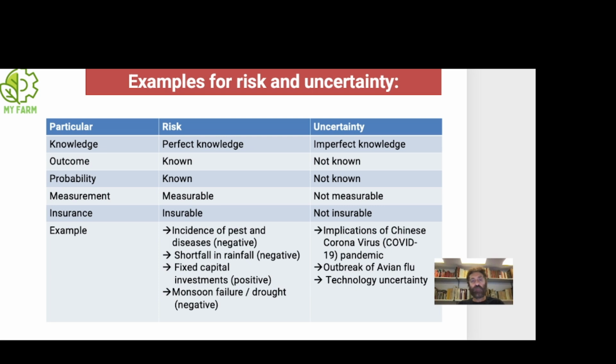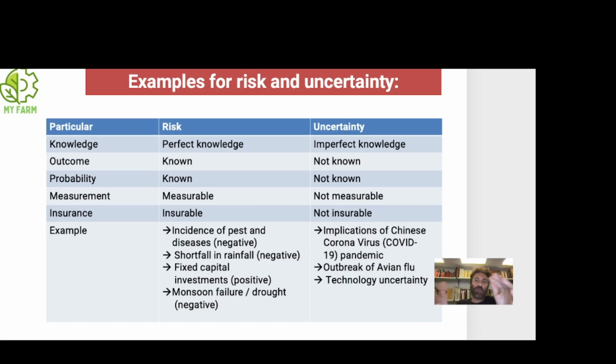So we can summarize with examples for both terms that we introduced before. In terms of knowledge, for risk we have perfect knowledge, and for uncertainty we have imperfect knowledge.